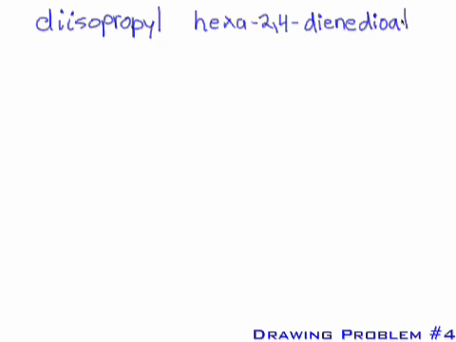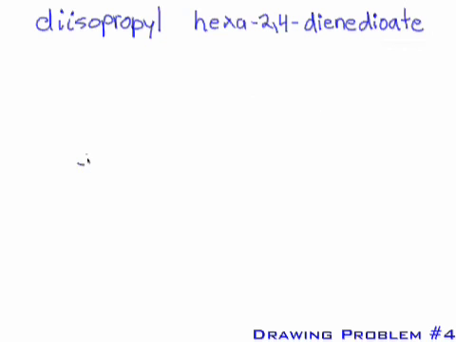Well, the -oate ending comes from the functional group. What functional group does that come from? -oate refers to esters. Dioate would mean 2 ester groups, and they would have isopropyls on them. And then we have a hexa-2,4-diene. Well, as per usual, I must find the longest carbon chain. Hexane, the root name, means 6 carbons, so draw your 6.